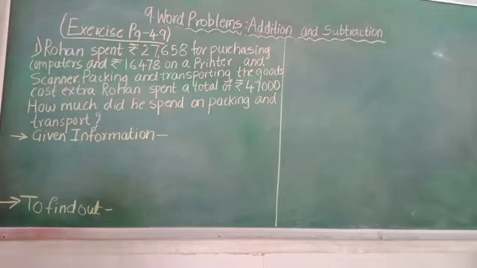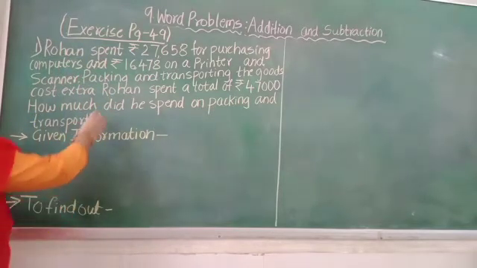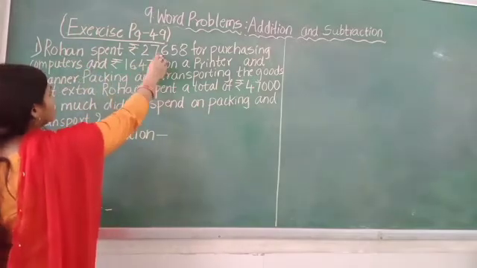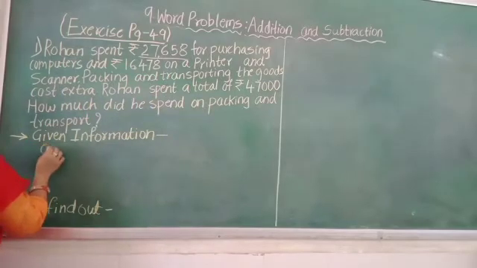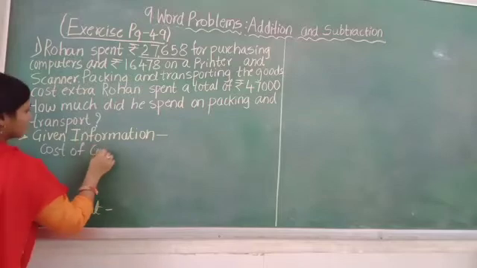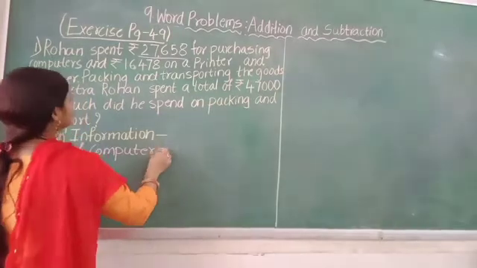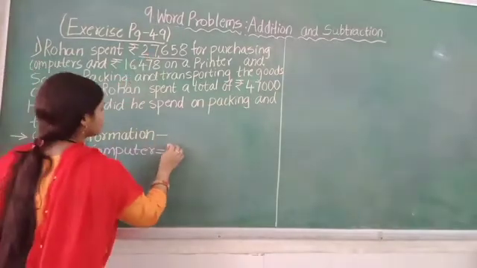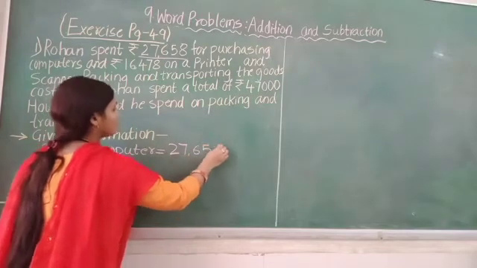So now what we will do first? First we have to write the given information. What information is given in the question? So the cost of computer is how much? 27,658. So here we will write cost of computer is equals to 27,658.